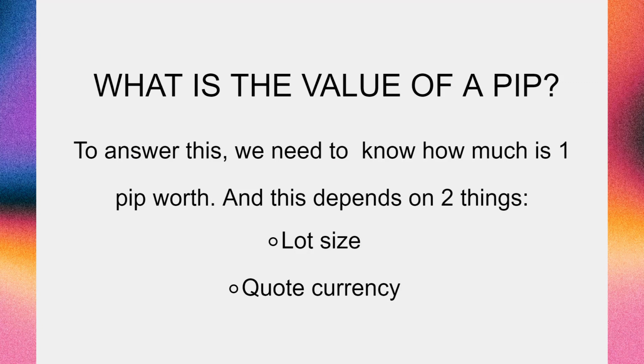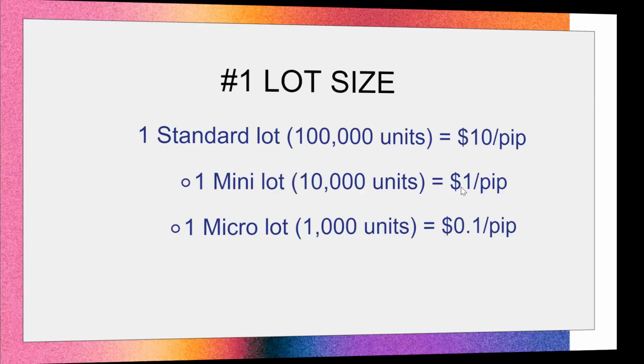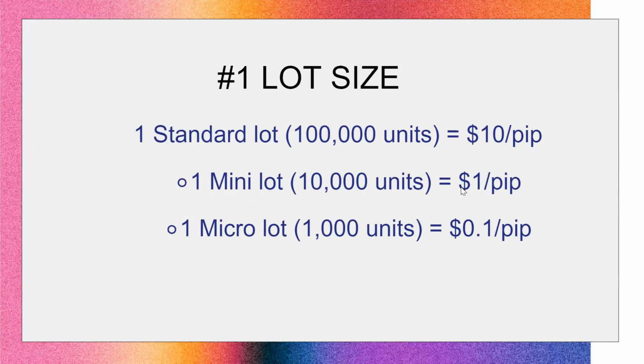Here I said this depends on two things: lot size and then the quote currency. When it comes to lot size, one standard lot simply means 100,000 units of the currency pair you're trading. Every pip move with one standard lot is giving you $10.